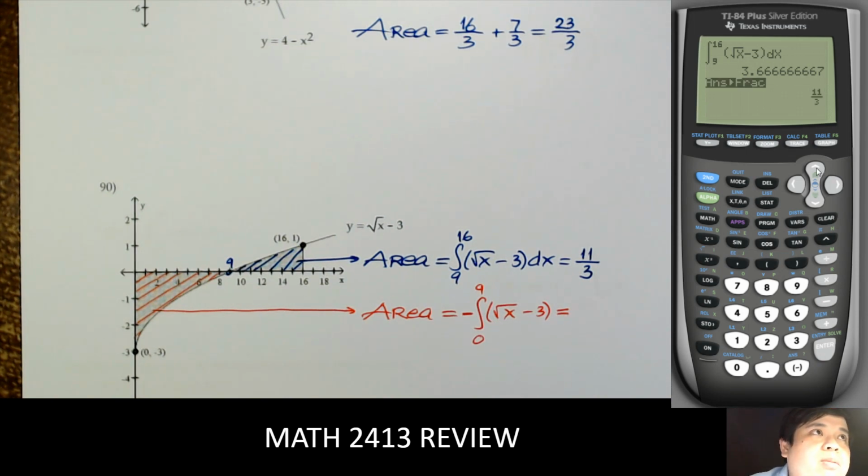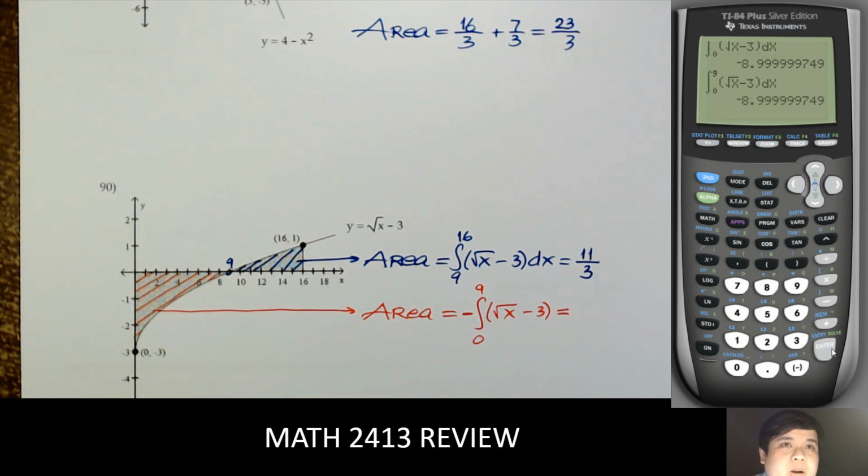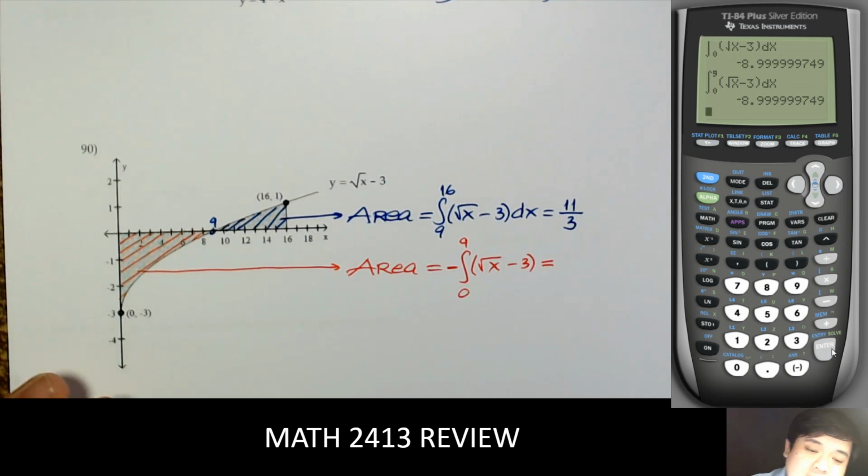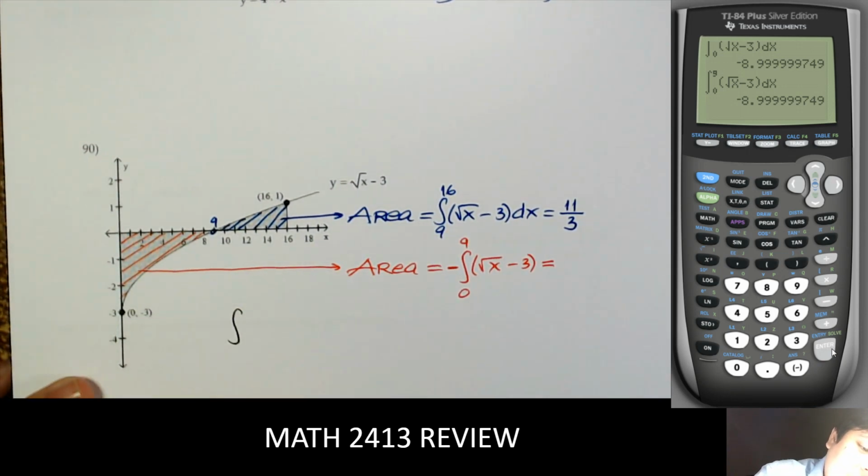Again, just copy that integral and now change to 0 to 9. Right, there's some error there. The answer is supposed to come out negative 9 even. Right. If it's not the case, then we just have to do it by hand. It's perfectly fine.